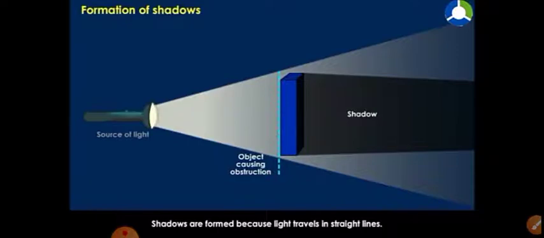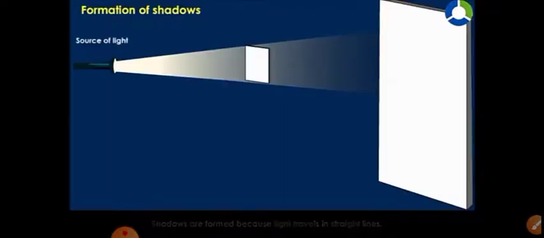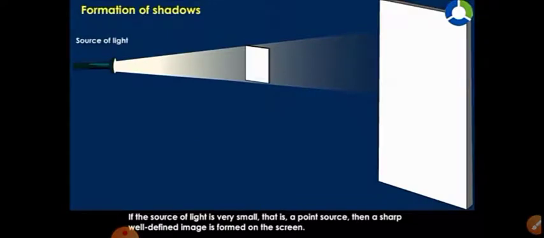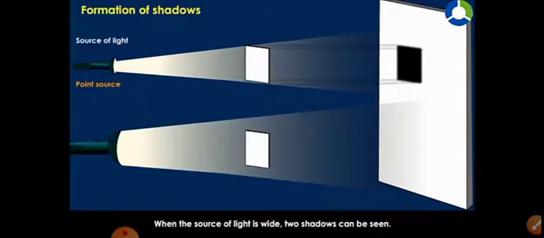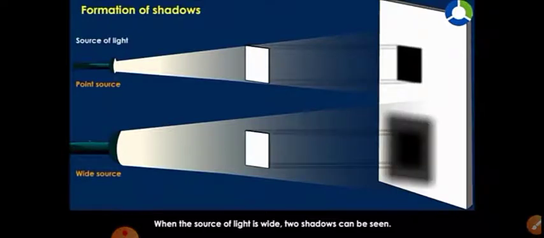Shadows are formed because light travels in straight lines. If the source of light is very small, that is a point source, then a sharp, well-defined image is formed on the screen. When the source of light is wide, two shadows can be seen.